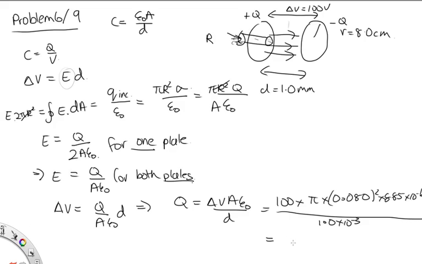And solving that on the calculator, you end up with 1.8 times 10 to the minus 8 coulombs. You can see if you substituted this into here in the first step, you would end up with the same formula.